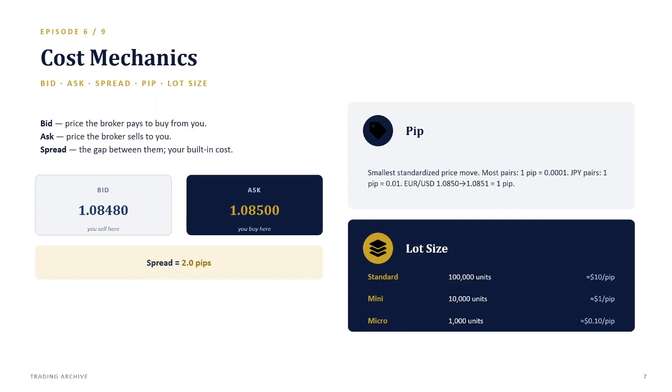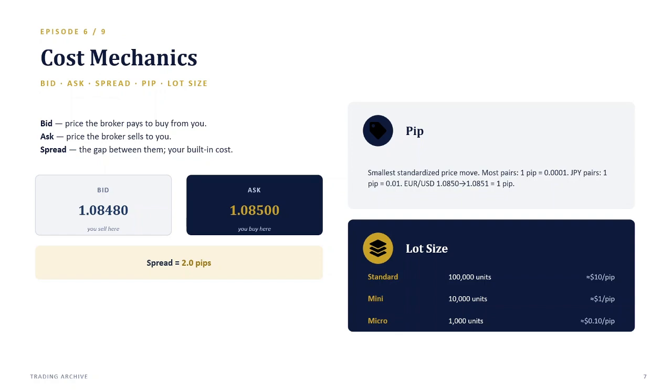So the bid, this right here, is the price that the broker is paying to buy from you. That's the price you're selling to the broker at, and the ask price is the price the broker is selling to you, or you're buying from him.